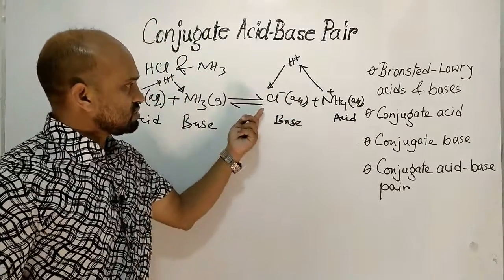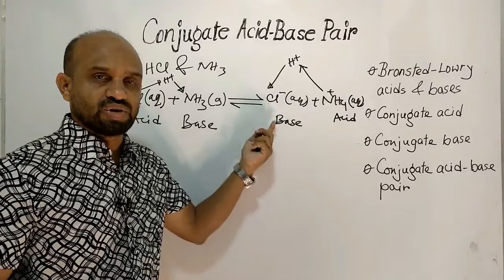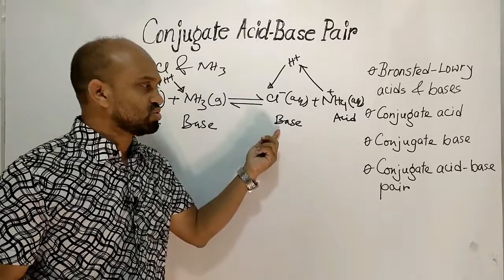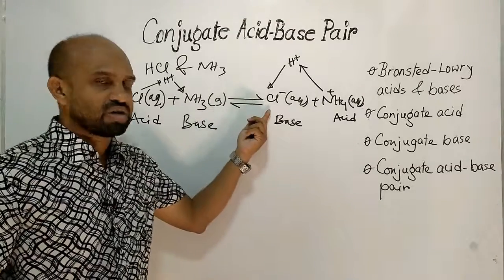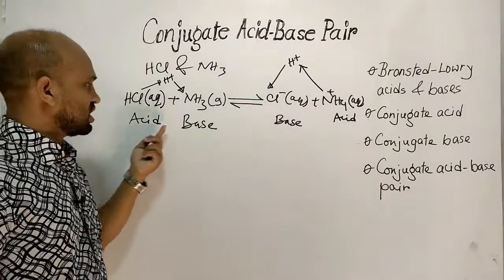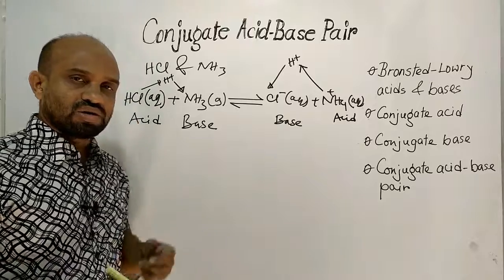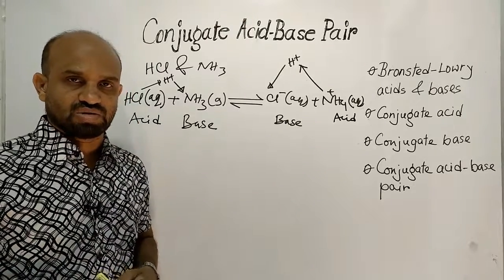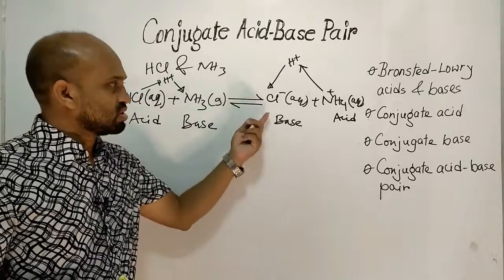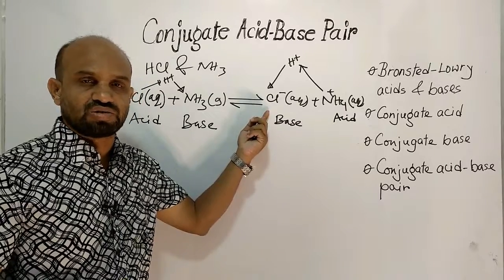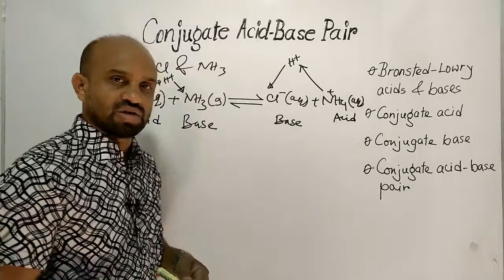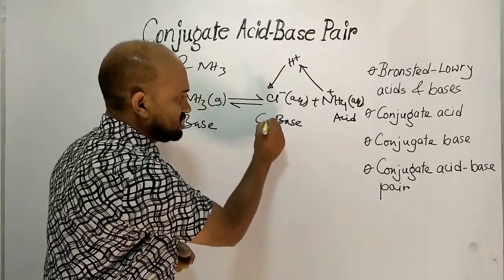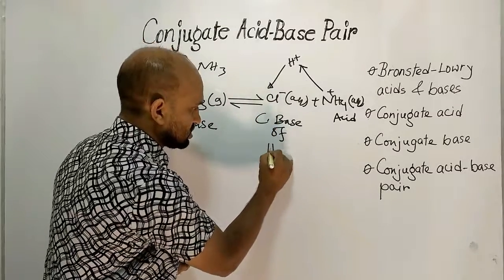Now, chloride ion is a kind of base which is produced from hydrochloric acid. That means chloride ion is related to hydrochloric acid, or connected to hydrochloric acid, or simply we can say chloride ion is conjugate to hydrochloric acid. That is why chloride ion is a conjugate base of hydrochloric acid.